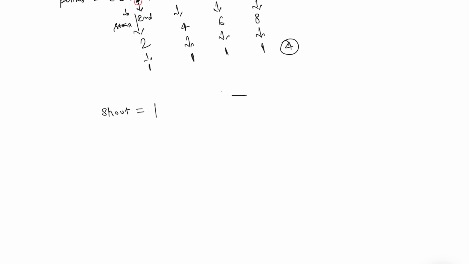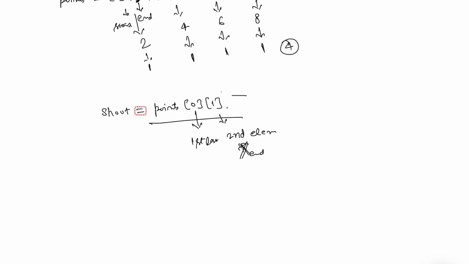This is the points list and the first list's second element. So this is the first list and its second element, that means this is high. This is x end now. There are 2 points, x start and x end. So this is x end.